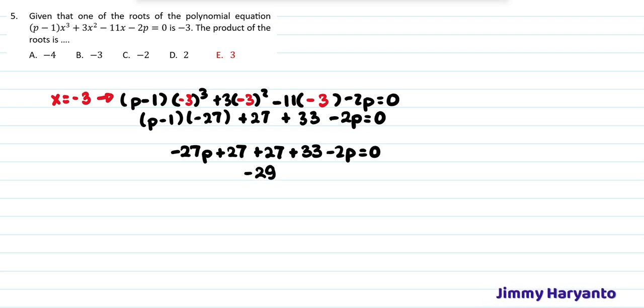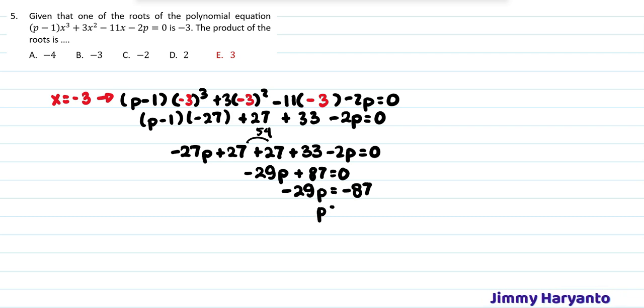And then you only have to calculate. First is negative 29p, and then this one is 54 plus 33 is 87 equals 0. Negative 29p equals negative 87, p equals negative 87 divided by negative 29, it's positive 3. So p equals 3. We are not finished yet.